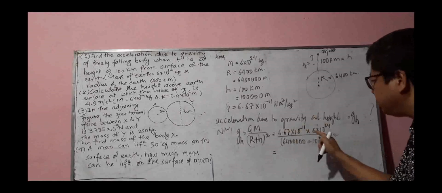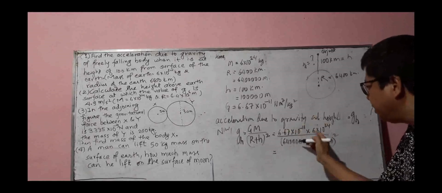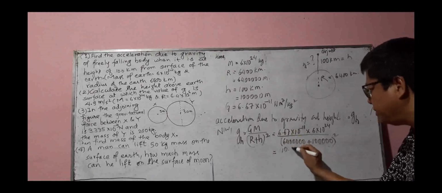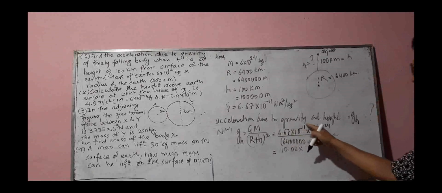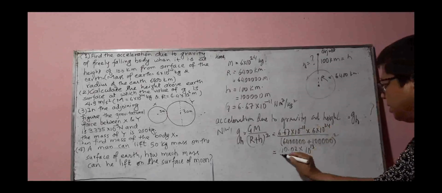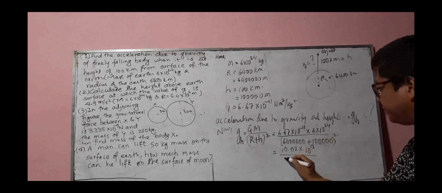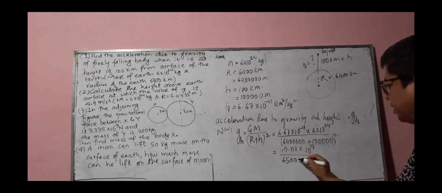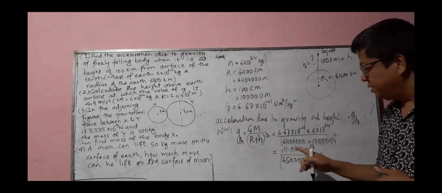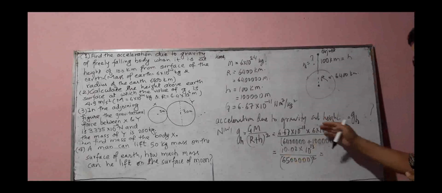Or you can do it manually. 6 into 6.67 is 40.02, and 10 to the power minus 11 times 10 to the power 24 becomes 10 to the power 13, and here we have 65,100,000 whole square. We add first.